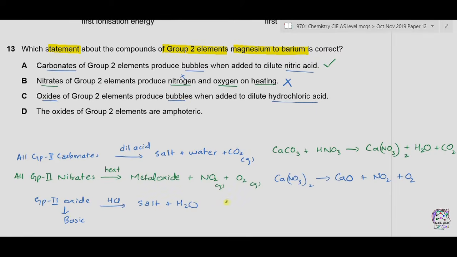For example, if we have calcium oxide, it will react with dilute HCl to form calcium chloride along with H2O. Calcium chloride is aqueous and water is in liquid state. So option C is also incorrect. In D, it says the oxides of group 2 elements are amphoteric in nature. As we know that group 2 elements are metals and the oxides of metals are basic in nature. So therefore this is also incorrect. So the correct option is A.